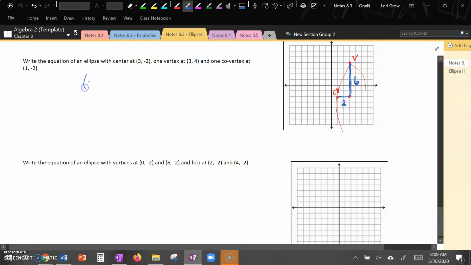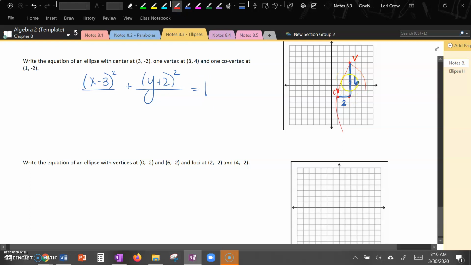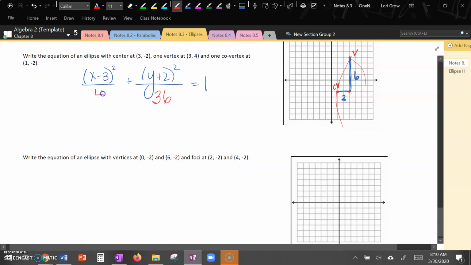So when I get ready to write my equation, x minus 3 all squared, y plus 2 all squared, I automatically can take these values now and put them underneath the variable that they're associated with. So because 6 is in the vertical direction, I'll put 36 underneath the y's. And because 2 is in the horizontal direction, I'll put 4 underneath the x's. And then that is your final equation.